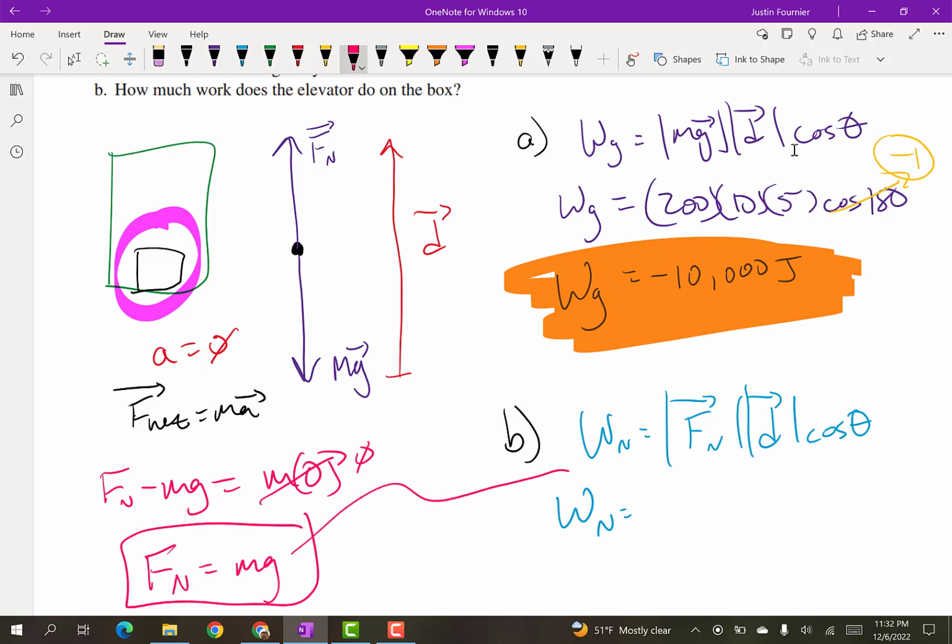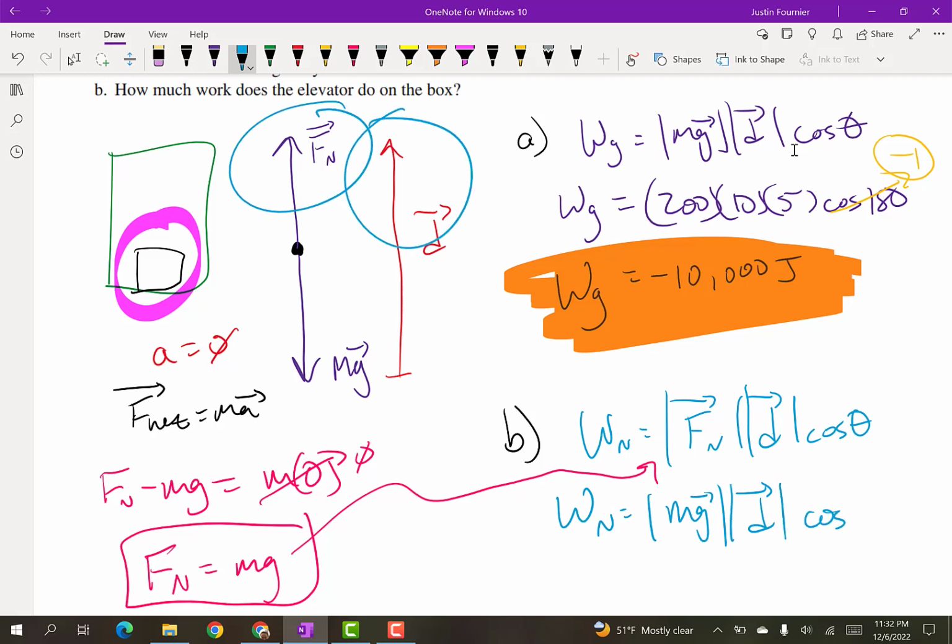So I'm just going to plug that in there. That's going to be the magnitude of mg, which is the magnitude of the normal force, times the displacement magnitude, times cosine of the angle between the normal force and the displacement. They're both pointing in the same direction, so the angle is 0, which means this is going to be 1, since cosine of 0 is 1.